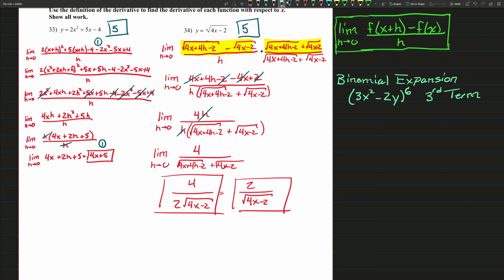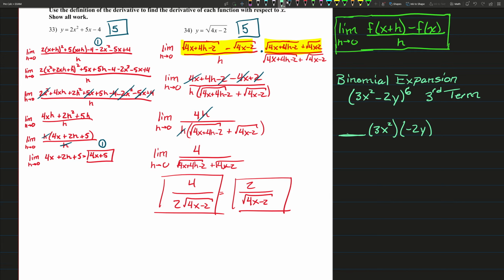There's a couple rules that we went over in class. But basically, we're going to have the first term to some power times the second term to some power. And we're going to have some combination. And then that'll be what we're trying to find.